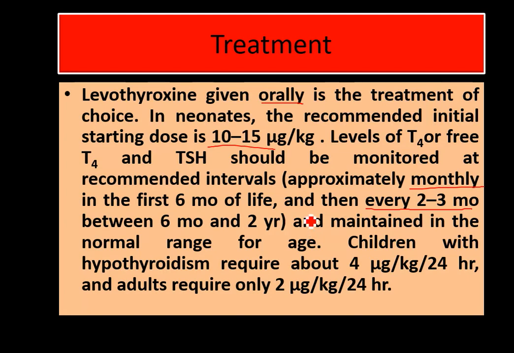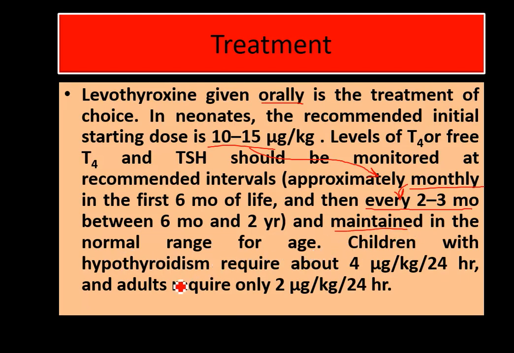So we start with 10 to 15 microgram per kg and monitor T4 monthly in the first 6 months of life, then every 3 months between 6 months and 2 years, maintaining it in the normal range for the age.